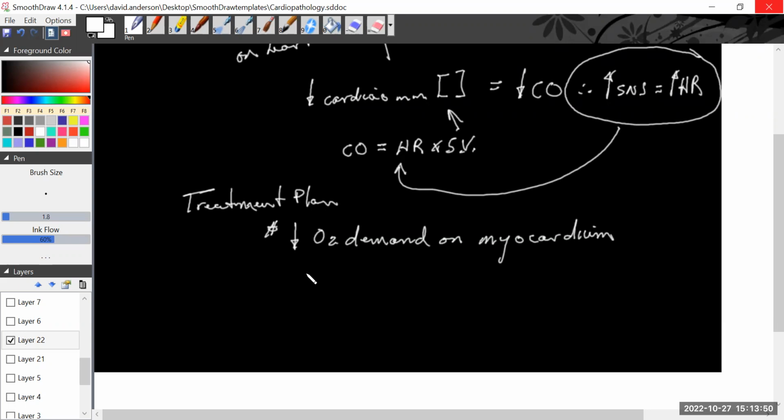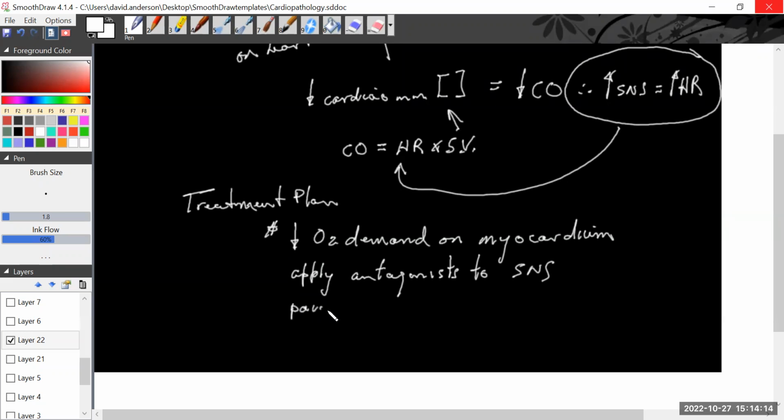We may also want to apply antagonists to the sympathetic nervous system. So things that will reverse or dampen the fight or flight response.